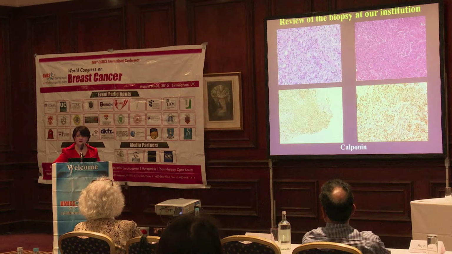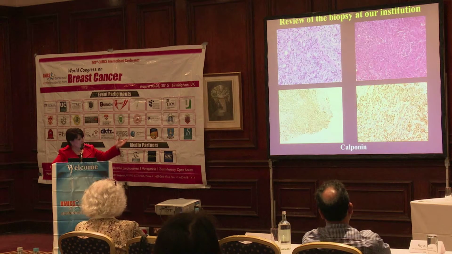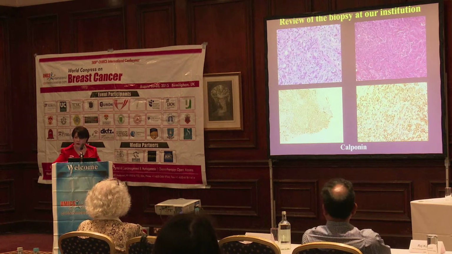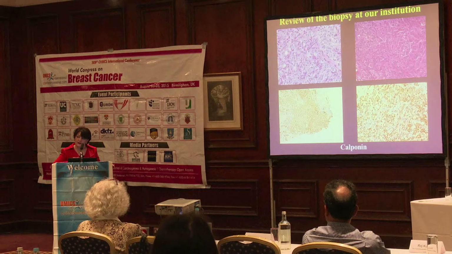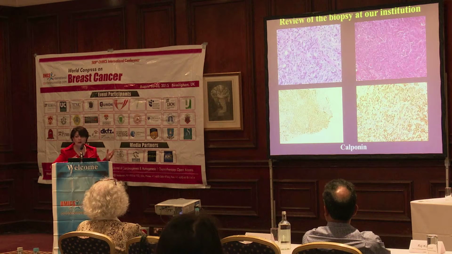And myoepithelial cells are very easy to distinguish. You have myoepithelial cell markers such as P63 or calponin, and they define them very easily. And you can see the brown staining, reflecting the staining of the cells by myoepithelial cells, showing that this lesion by no means can be an invasive cancer.